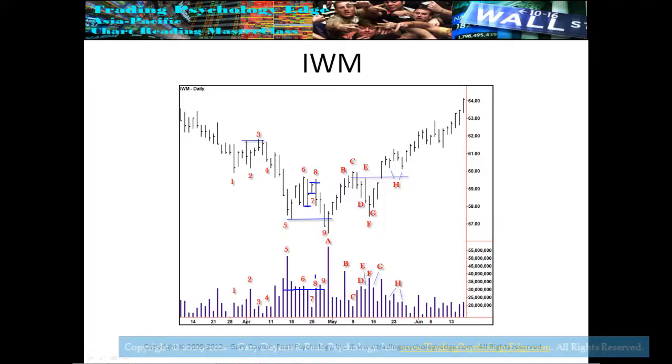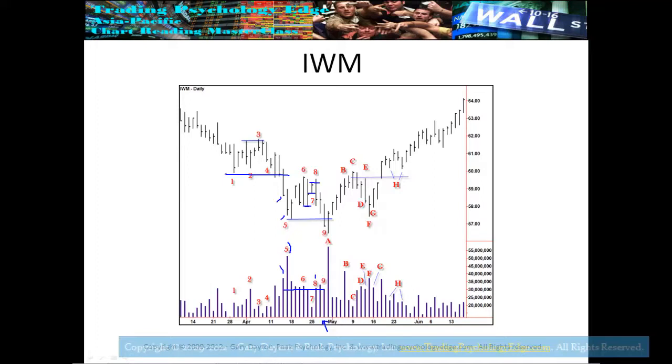The key here, and it's not easy to read this real time, but the key is that there was an awful lot of buying that went on in here, and there's a lot of volume in here now, and this volume is not the same level as we saw coming down on this bar and on this bar. As they broke underneath 1, we see this kind of volume and we see this kind of volume.